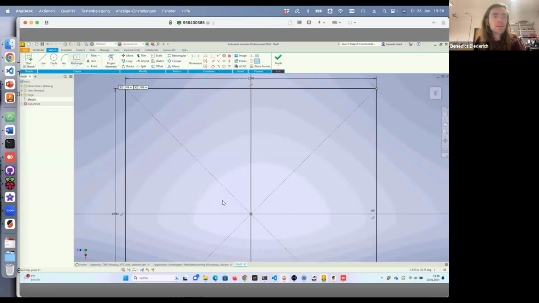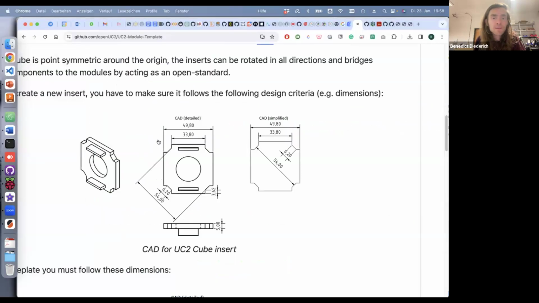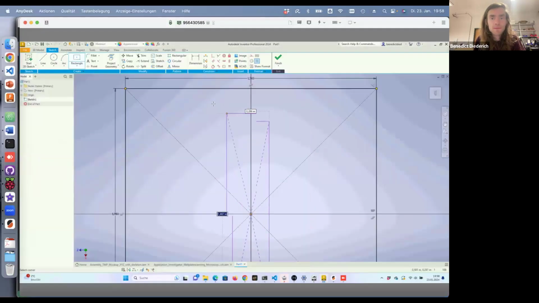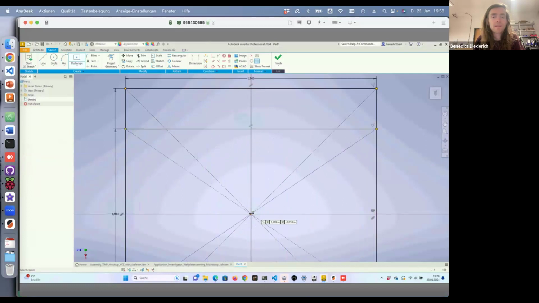And then what we also had was 33.8 millimeters, and then all the way, and the same here. This is a remote machine. So all the way, and this would already be almost sufficient.